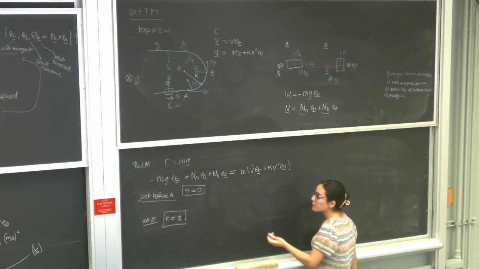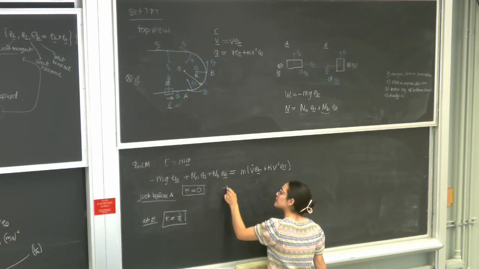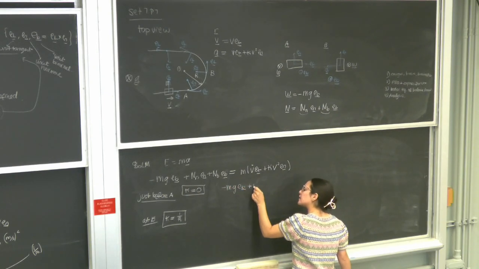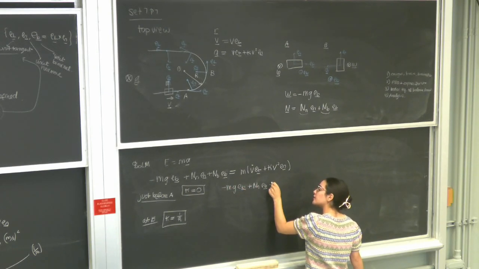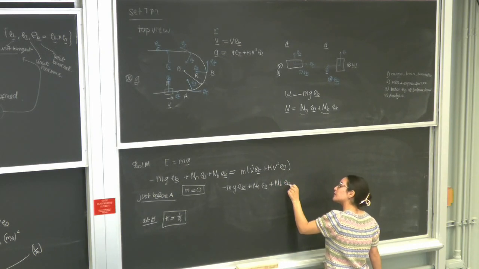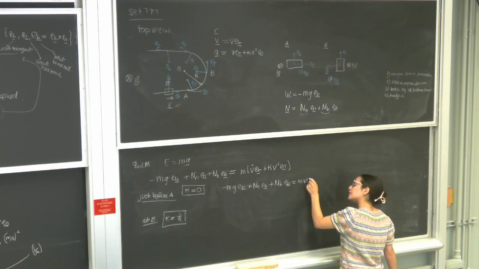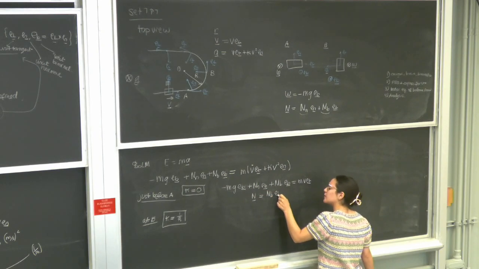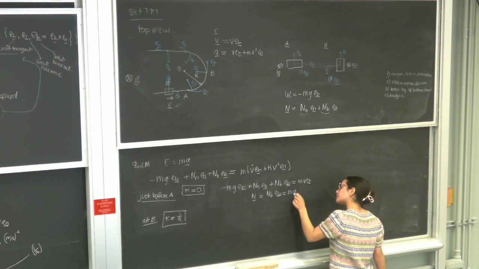So then, just before A, rewriting the balance law, minus mg e_b plus N_n e_n plus N_b e_b is equal to m v dot e_t, kappa is equal to 0. So the normal force N is just equal to N_b e_b, which is mg e_b.